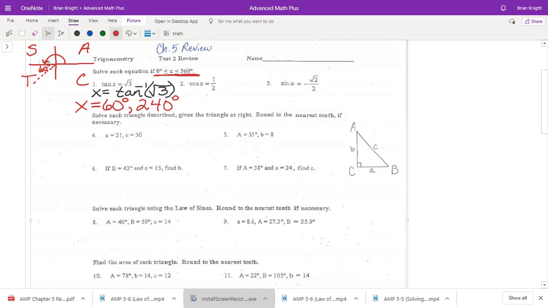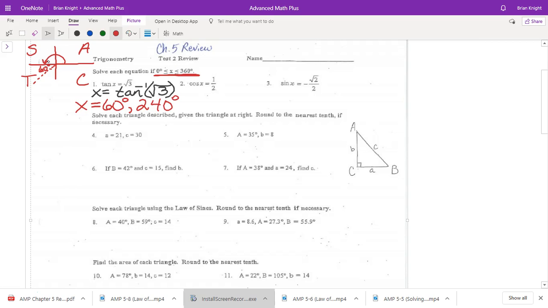I stopped at 180, not at 270. I went to 180 and added 60 more degrees. Everybody good on number 1?